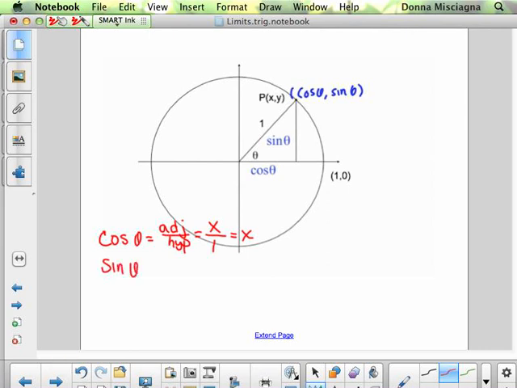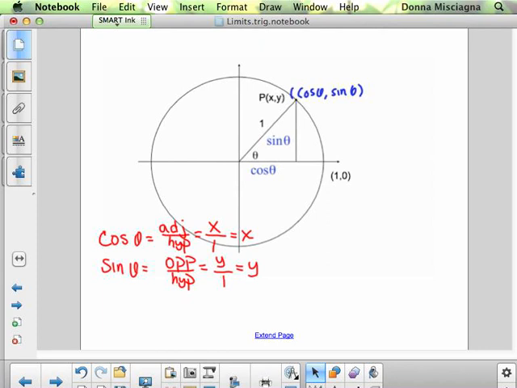Sine theta is the opposite side over the hypotenuse. Of course, the opposite side is always y. On the unit circle, the hypotenuse is 1, and so that would be y. So we could represent any y coordinate on the unit circle as sine theta. So here we have a triangle. The adjacent side of that triangle is cosine theta.